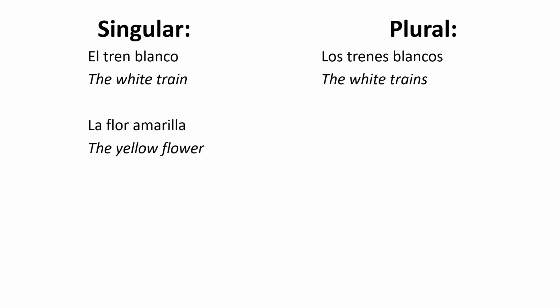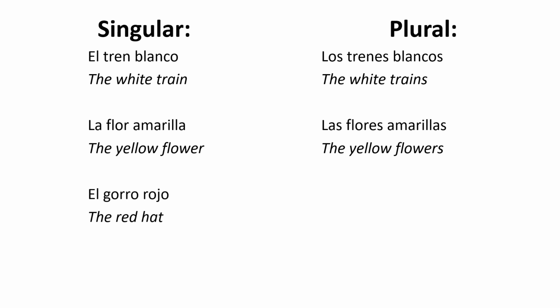La flor amarilla, las flores amarillas. Like previously, add an E and an S if the noun ends in a consonant as shown, and only an S after the color.